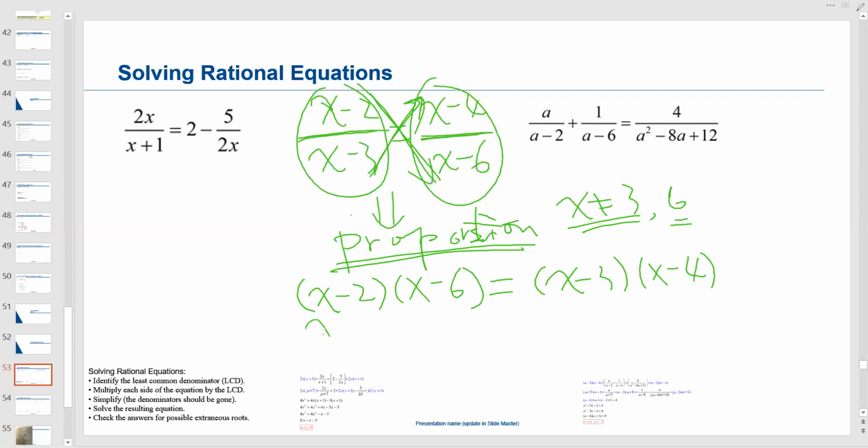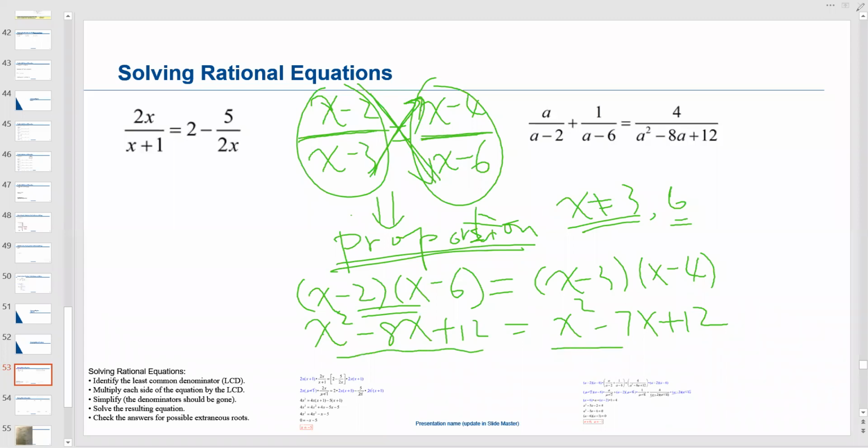So here you can use the earlier method, x squared minus 8x plus 12, right? Equals x squared minus 7x plus 12. So you can combine like terms. So negative x equals 0. So it means x equals 0. So they didn't conflict here, right? So x equals 0 can make this rational expression make sense. You get this kind of solution.